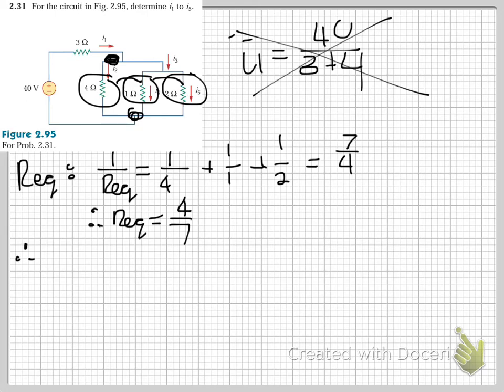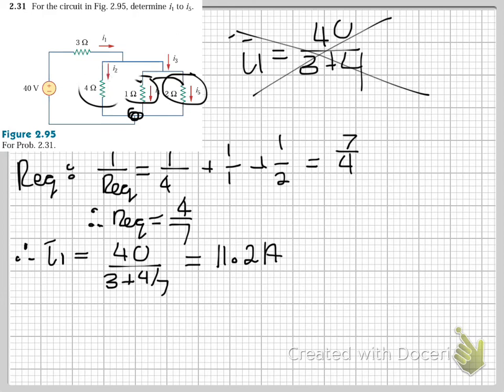So now we can find out what I1 is. I1 is equal to 40 divided by 3 plus 4 over 7, which is equal to 11.2 amps. Okay? So that was I1 done.